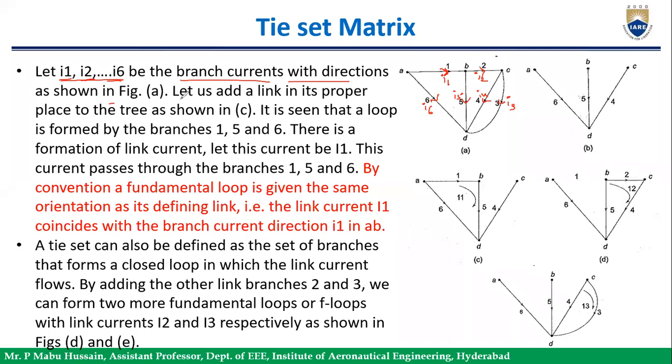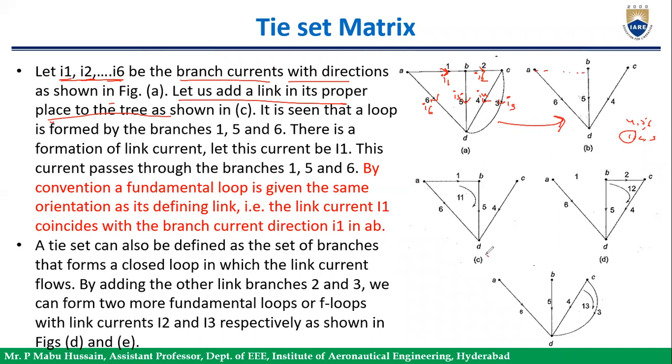Now let us add a link to its proper place on a tree. From this graph you select one tree with 4, 5, 6. Now 1, 2, and 3 are the links, as I said before; 4, 5, 6 are the twigs. Now we are adding one link between two nodes.